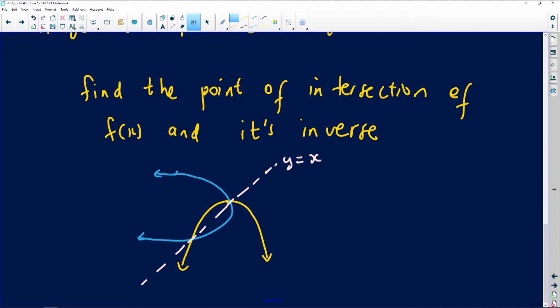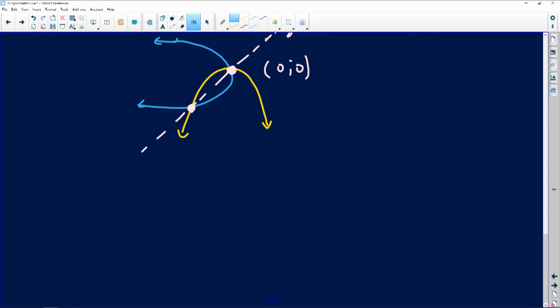So if we wanted to find the coordinates of the point of intersection, we're interested in these coordinates, which we already know should include 0 and 0, and whatever this other one is going to be. And you can be ambitious and try to solve for x there by equating the equations. Remember, the first one was f of x is negative 3x squared, and the second one was y is plus or minus the square root of negative 1 over 3x.